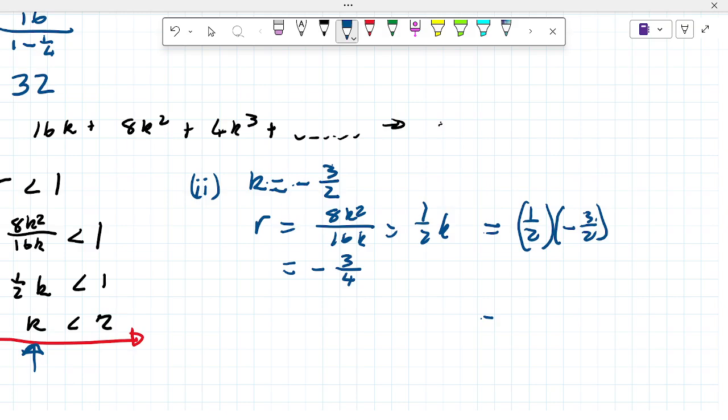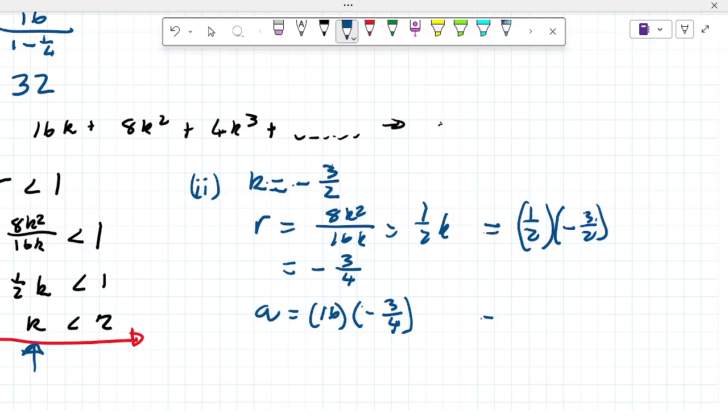Is that possible? Yeah, no, it's not right. 3 over 4 is minus 0.75. Is that correct? So yes, that's correct. Then A is 16 times minus 3 over 4, and 4 goes into 16 4 times.